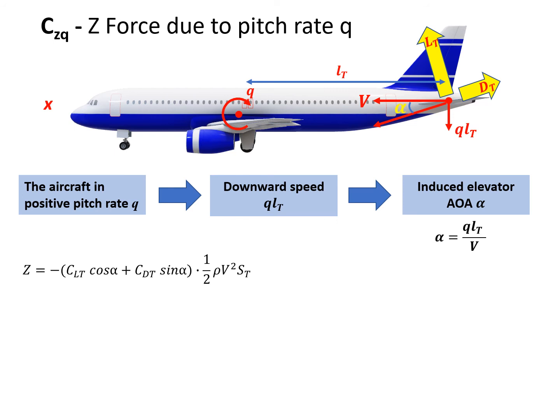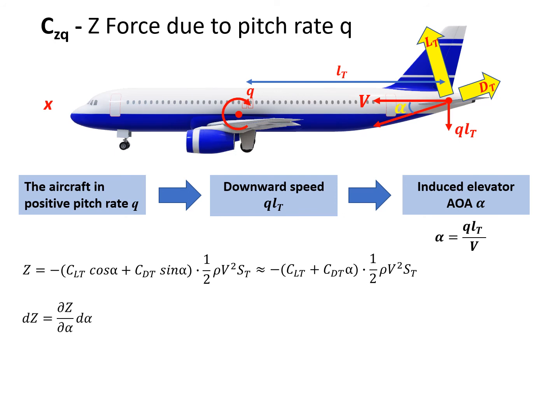That's the Z force from the elevator, the force change on the aircraft. We need to do some simplification, again with the small angle of attack assumption: because alpha is small, cosine alpha is 1 and sine alpha is alpha.